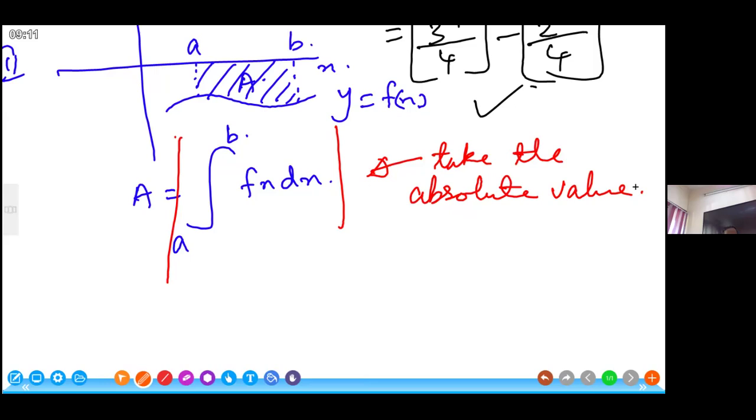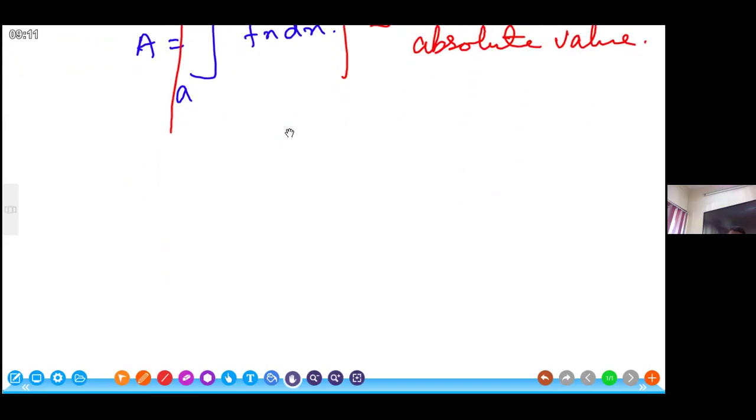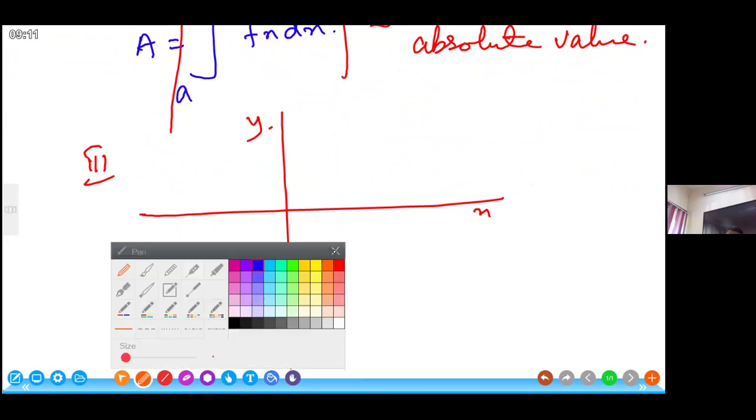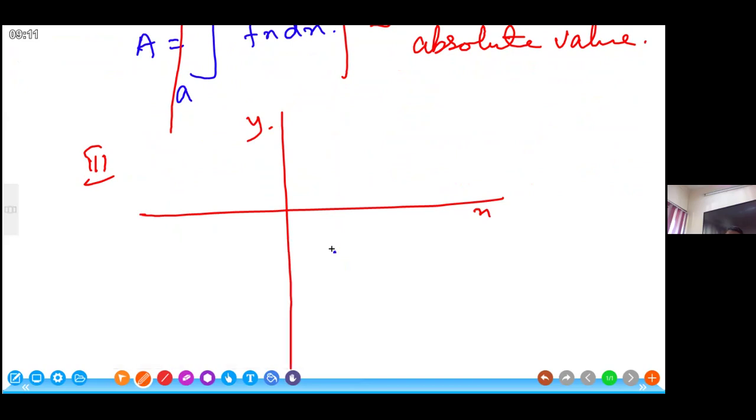Now, a case like this, the third case: area under the curve. I have the x-axis and y-axis. Let's say I have a function y equal x to the power 3.